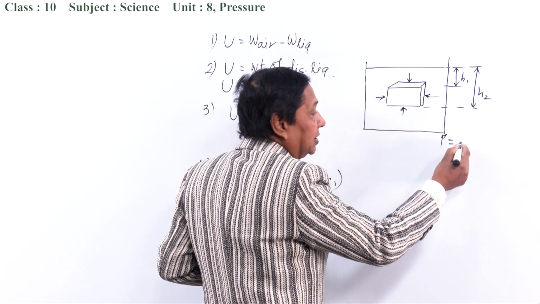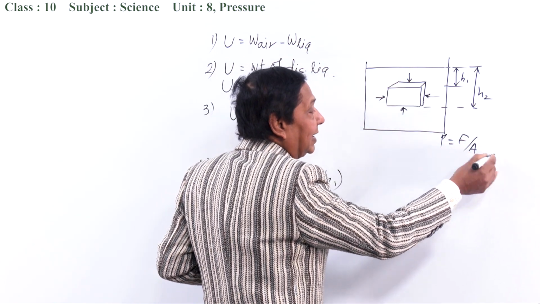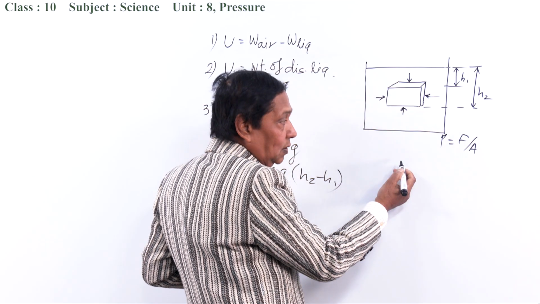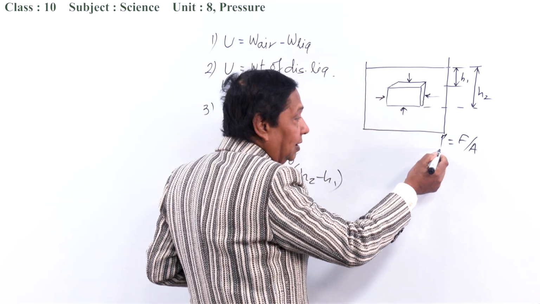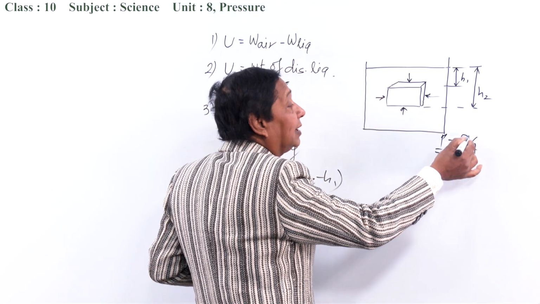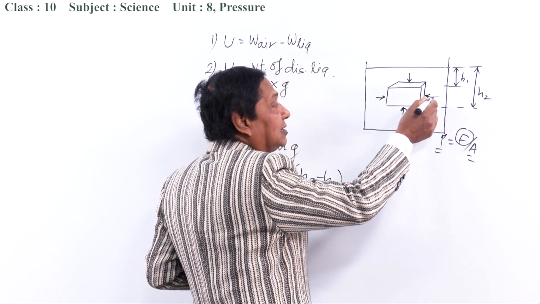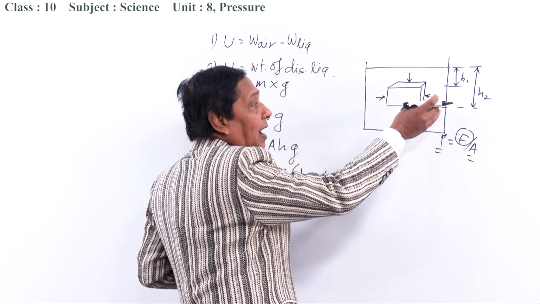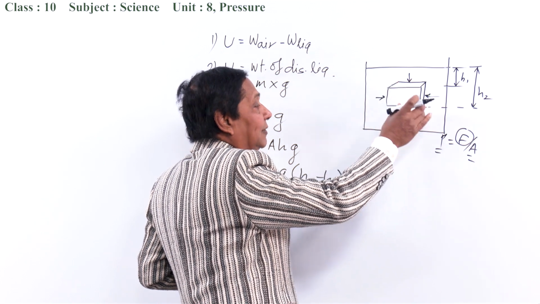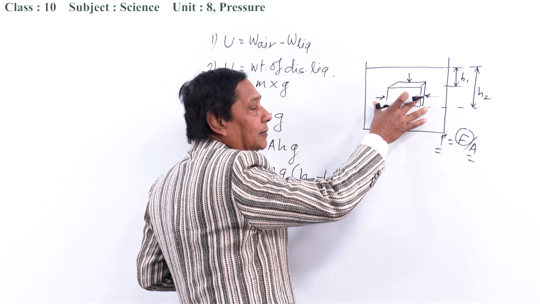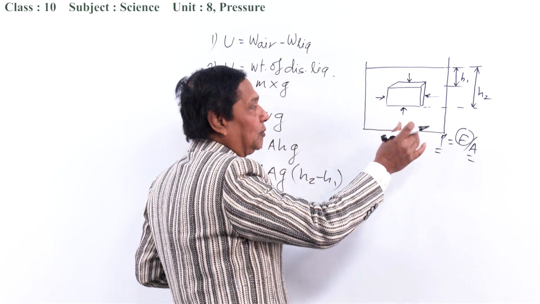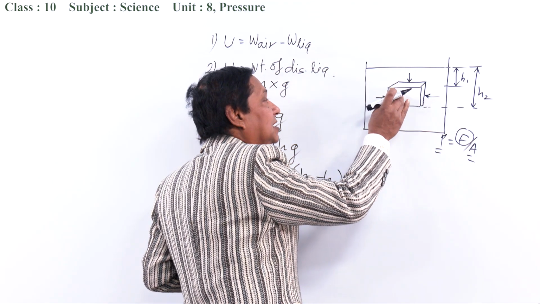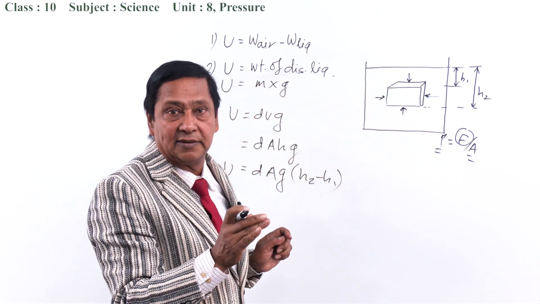And we know that pressure equals force by area. The areas of these two sides are equal, and if the pressure is also equal, it means the force acting on this side is equal to the force on this side. Two forces are acting opposite to each other and their values are equal, so they cancel each other. In the same way, the forces acting from the front side and back side also cancel each other.